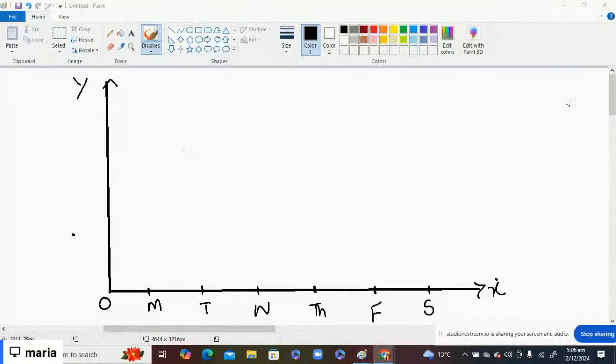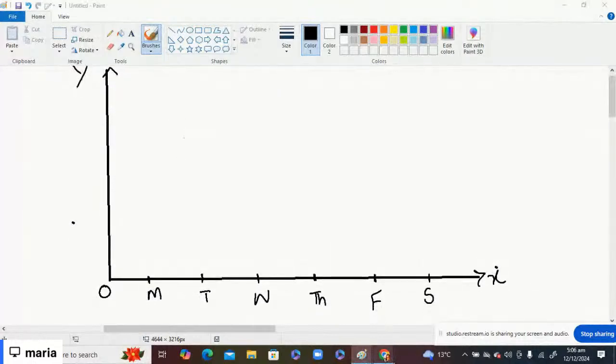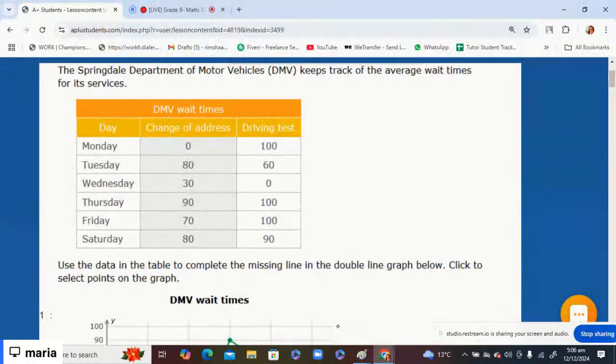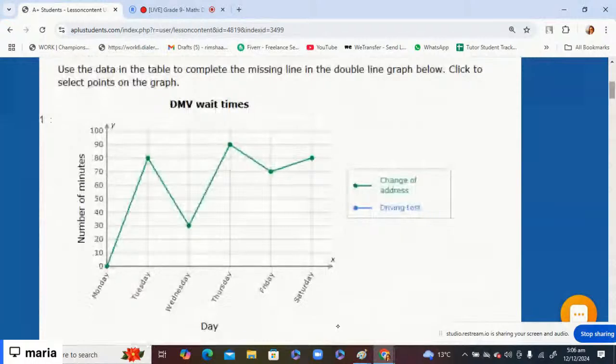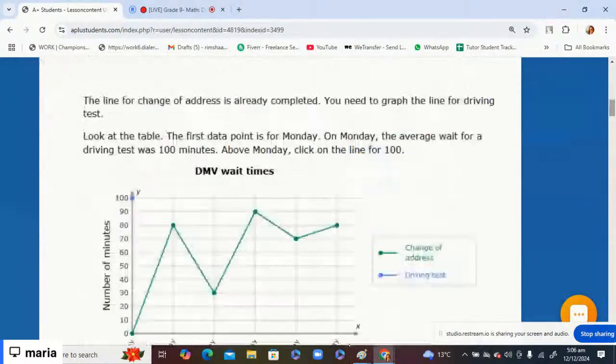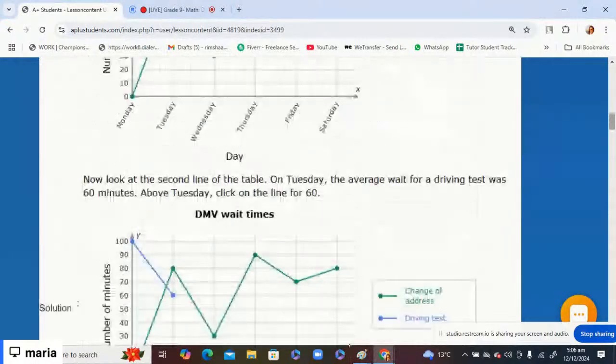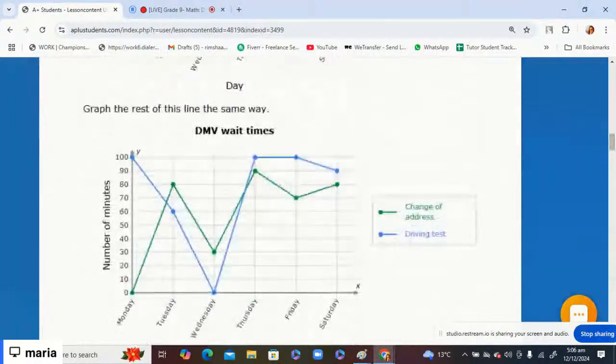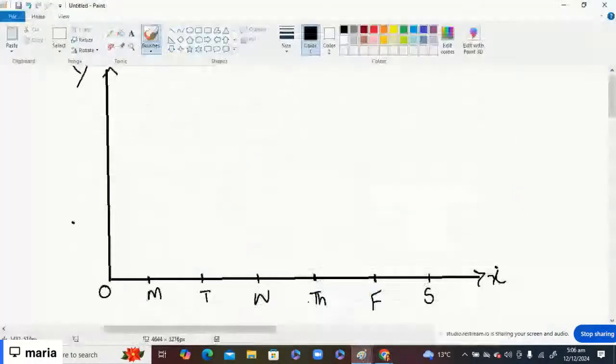These are the days. Now the number of minutes are here.